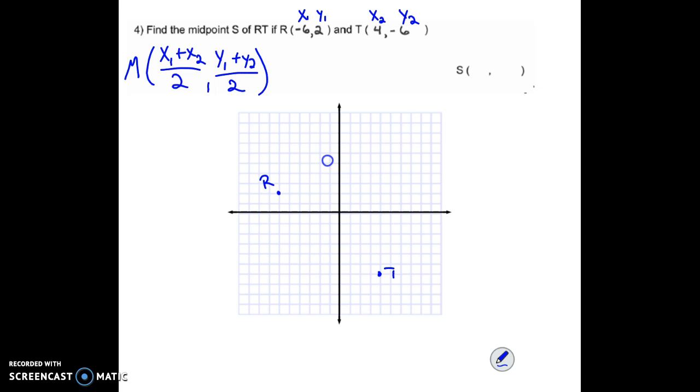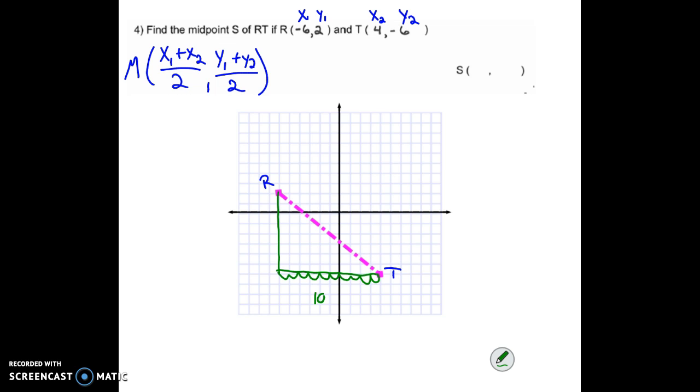And this is T. So point S has got to be somewhere exactly in the middle between R and T. Now, if I just want to cheat, and it's not cheating, you're actually doing it graphically, how far is T from R horizontally, and how far is T from R vertically? Well, if you count these spaces, 1, 2, 3, 4, 5, 6, 7, 8, 9, 10.